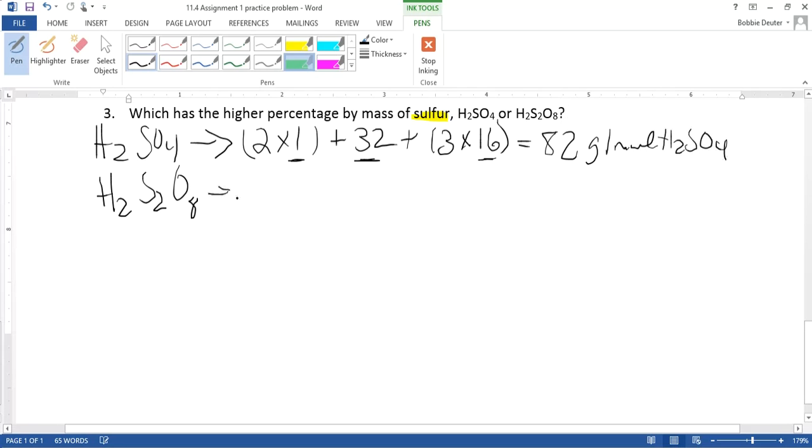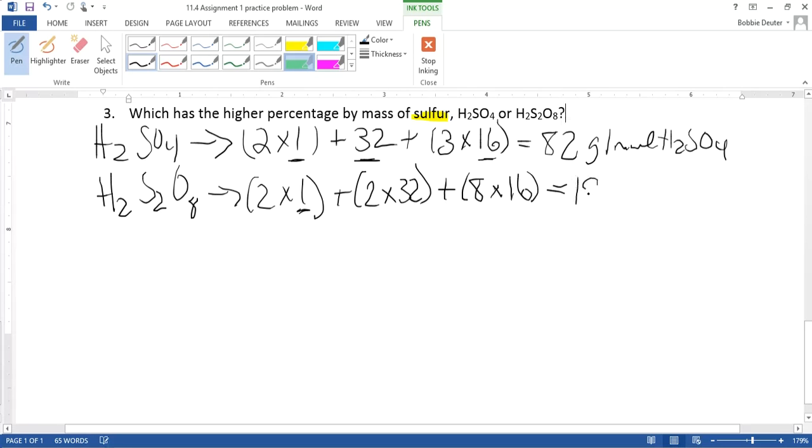Okay, so now let's go to the next one. So we have 2 hydrogen, again hydrogen's 1, plus sulfur, well we have 2 sulfur times 32, plus we have 8 oxygen, oxygen's 16. We add those up and we get 194 grams per mole of H2S2O8.